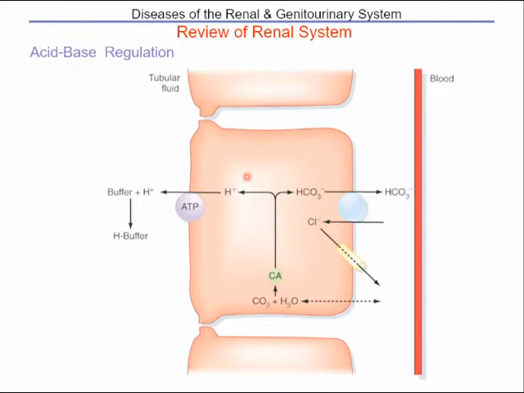There's a way for your bicarbonate to be produced. So when a secreted hydrogen ion combines with the urinary buffer, a new bicarbonate is generated within the cell, and eventually replaces the bicarbonate that was lost earlier in the titration of your non-volatile acids produced in the cellular metabolism to buffer your net endogenous acid production.